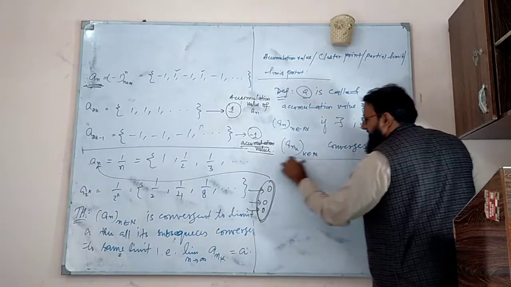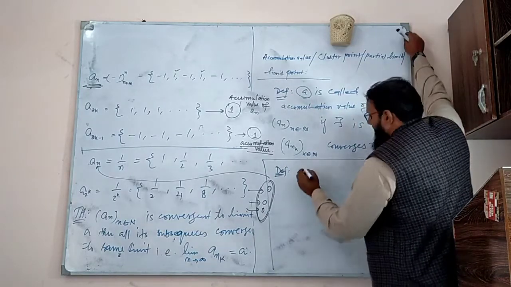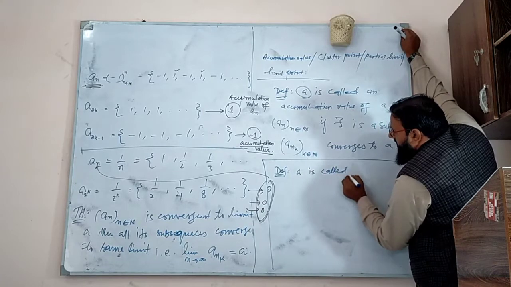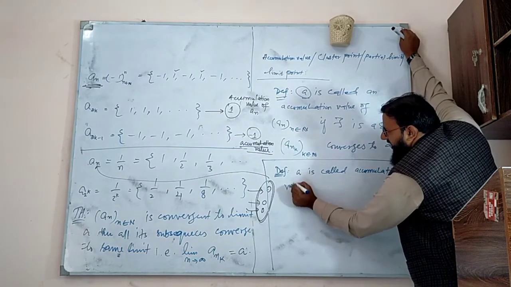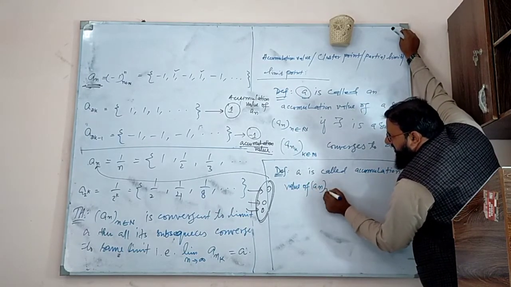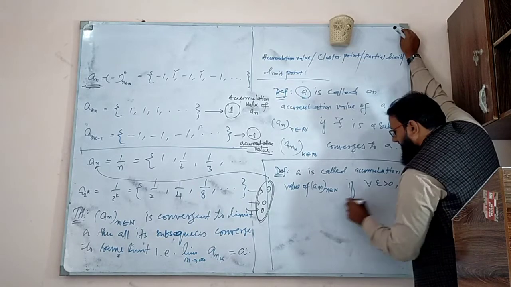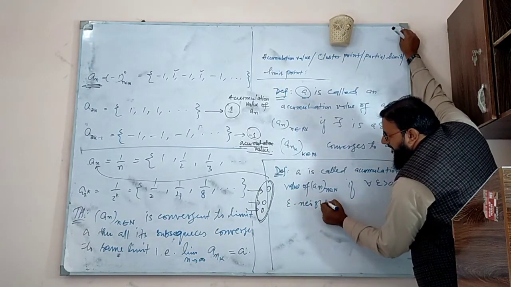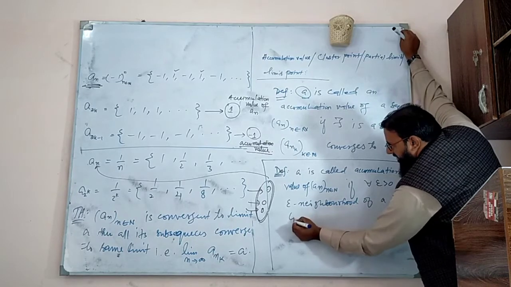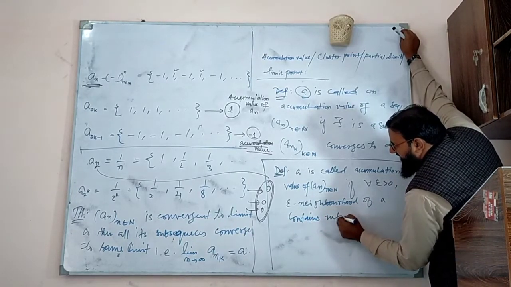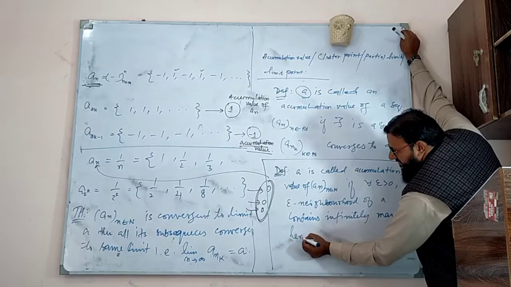What is the alternate definition? a is called an accumulation value of a_n if for all epsilon positive, the epsilon neighborhood of a contains infinitely many terms of a_n.